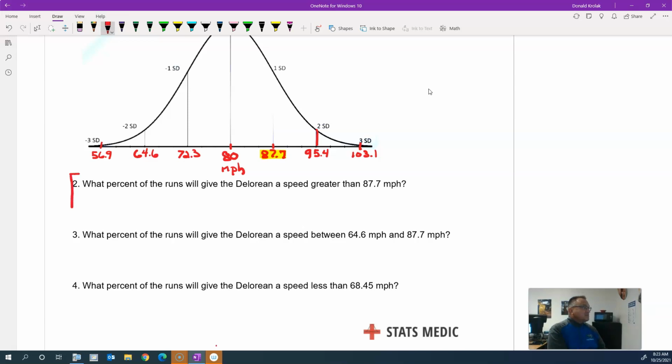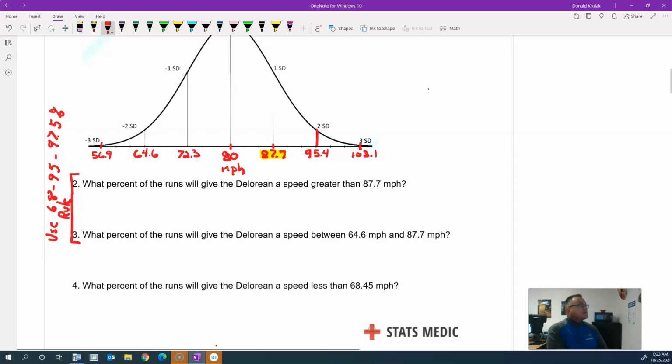So these two problems right here, we're going to be able to use our 68, 95, 97.5% rule, because the number is on the chart. It's on our graph.